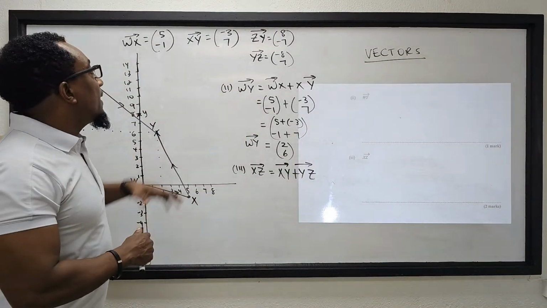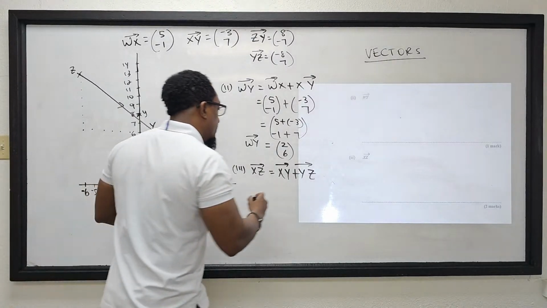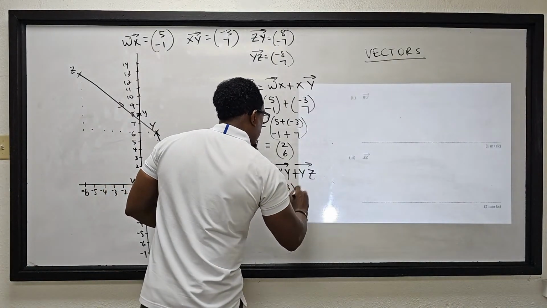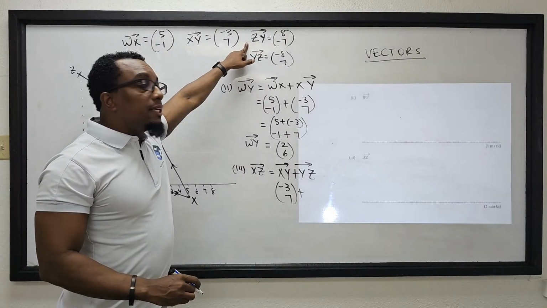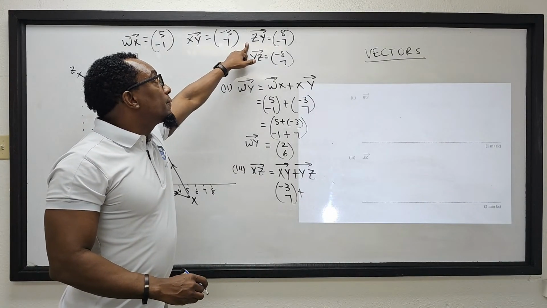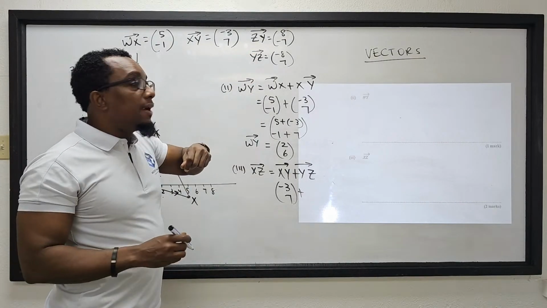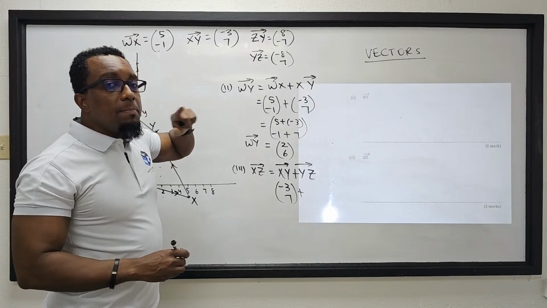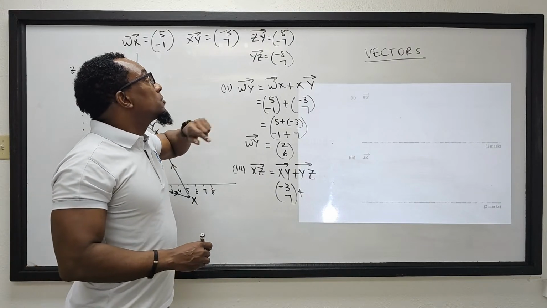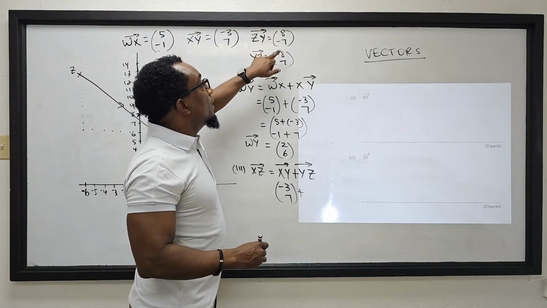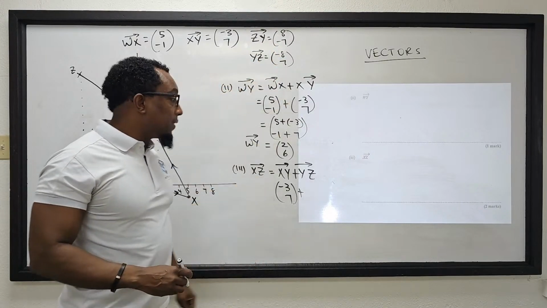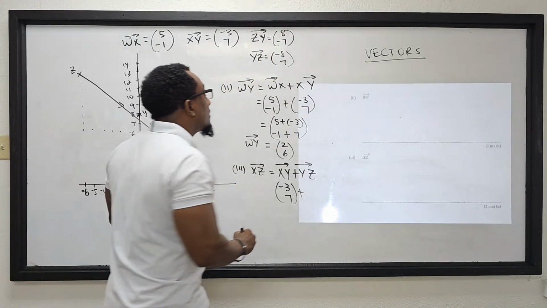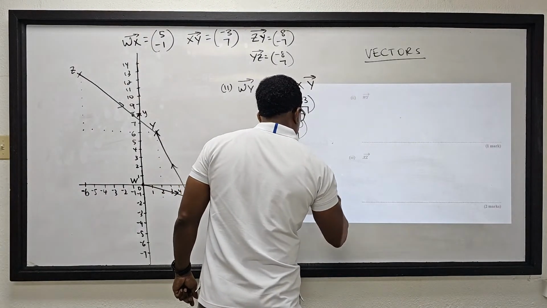Keeping in mind, XY is negative 3, 7 plus YZ. Now they gave us ZY initially, but YZ of course means you're moving in the opposite direction and the sign of the magnitude changes. So this is positive 8, it's going to change to negative 8, and this is negative 7, it's going to change to positive 7. So YZ is negative 8, 7.